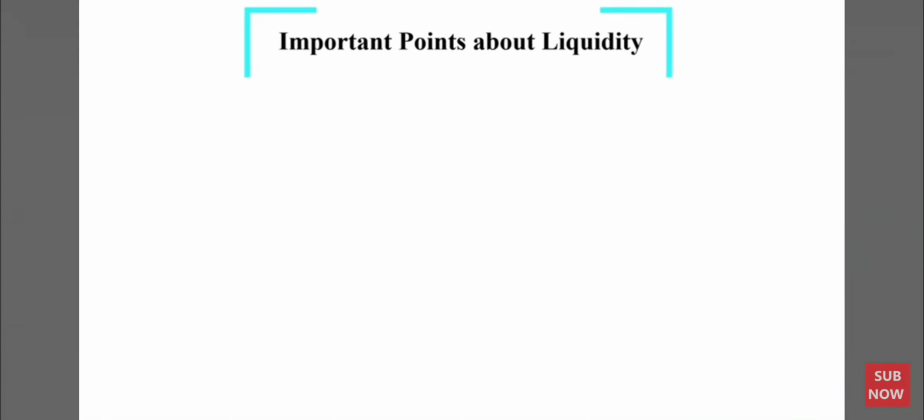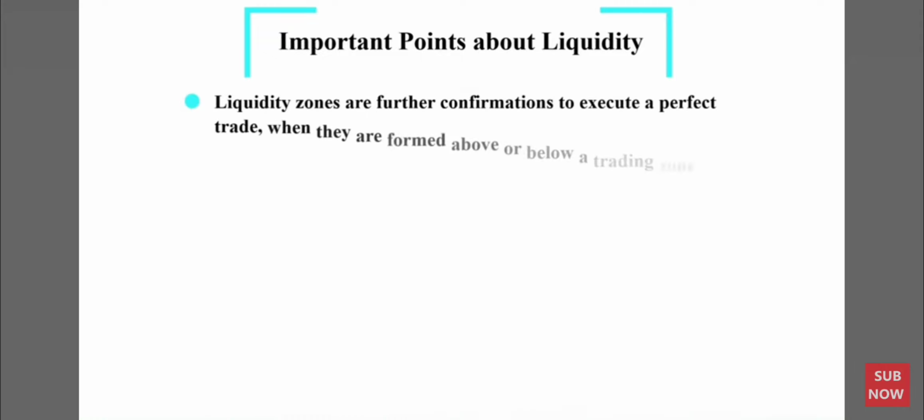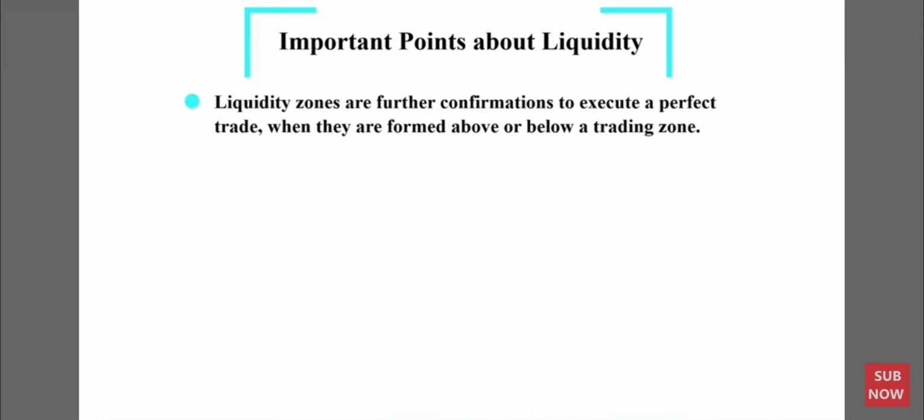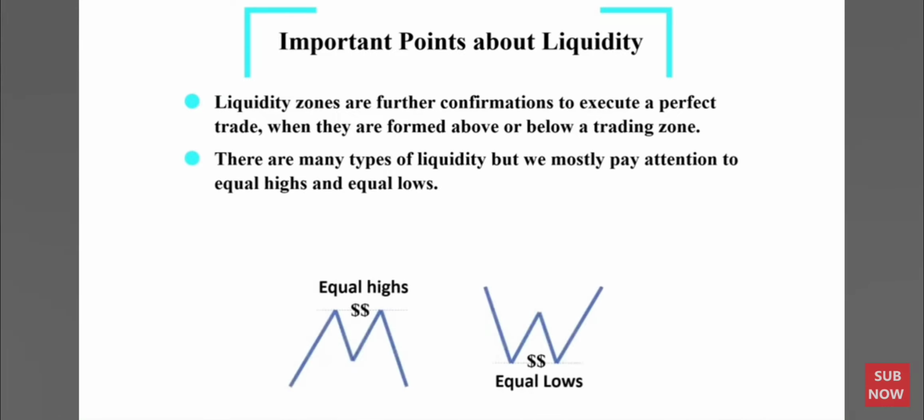Here are some important points about liquidity. Liquidity zones are further confirmations to execute a perfect trade when formed above or below a trading zone. There are many types of liquidity, but we mainly pay attention to equal highs and lows. Stop losses define liquidity.